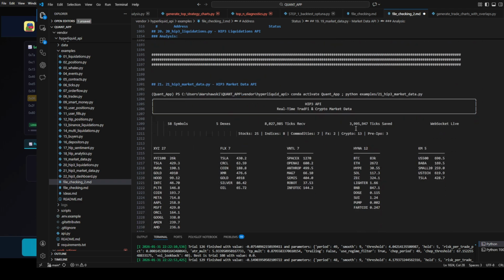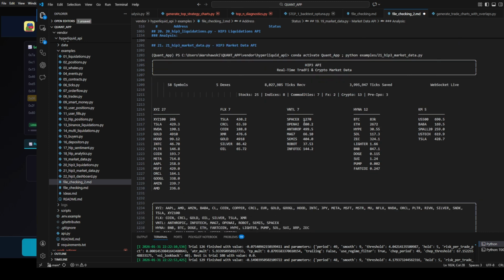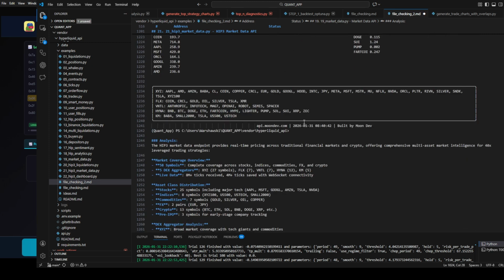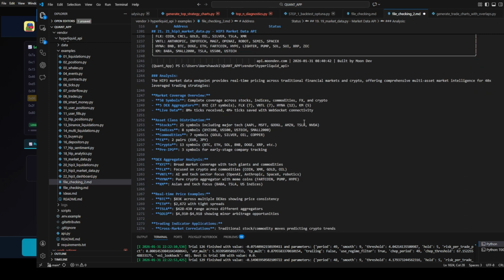Then we have the HIP3 market data output a little bit. So the HIP market data endpoint provides real-time pricing across traditional financial markets and crypto, offering comprehensive multi-asset market intelligence for 40x leverage trading strategies.